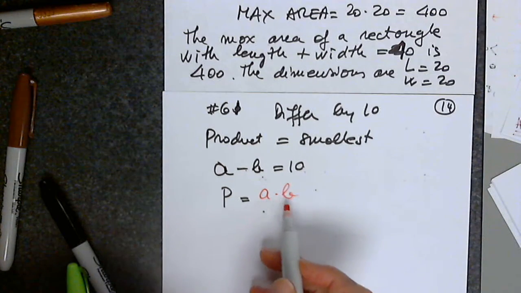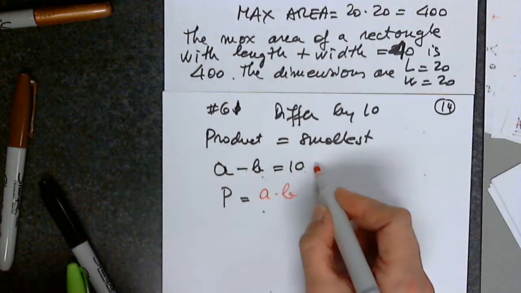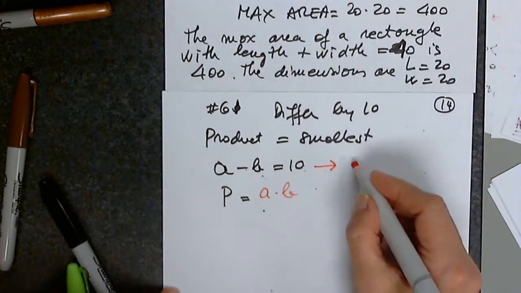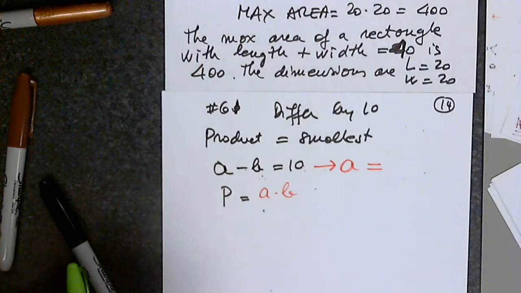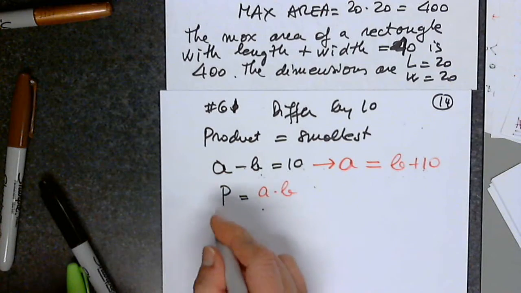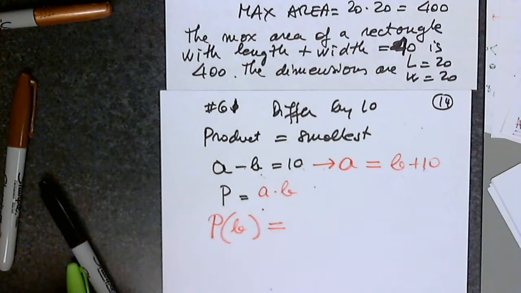But this is not a function that is quadratic yet. So from here, tell me which one would you like to solve for? Perfect. So a equals b plus 10. Now I can say that this product is a function of b and of b alone.